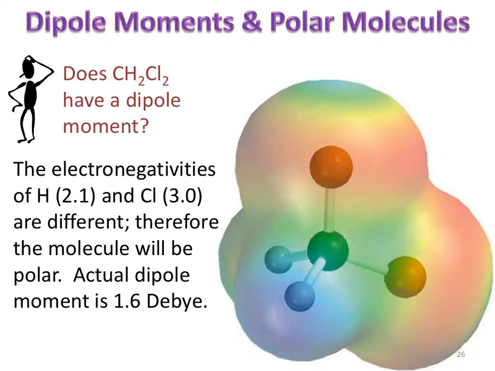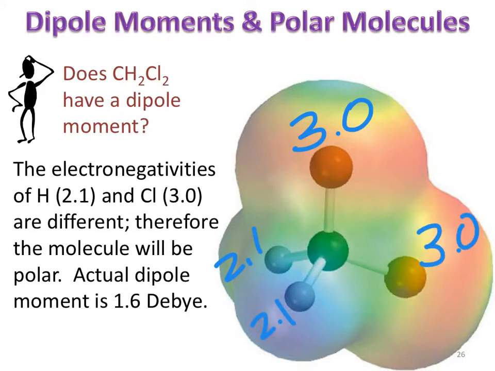The chlorines are 3.0 for their electronegativities. The hydrogens are 2.1. The result is we have a more negative end on this side of the molecule, a more positive end on the hydrogen side of the molecule, and it actually has a dipole moment. And this is a polar molecule.